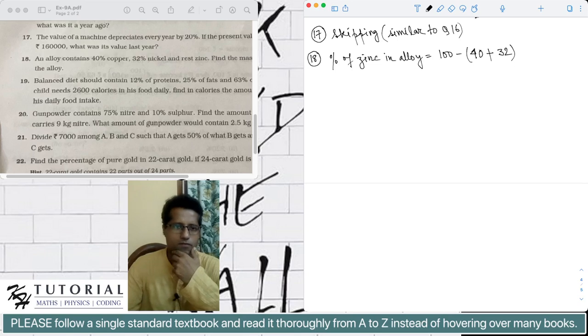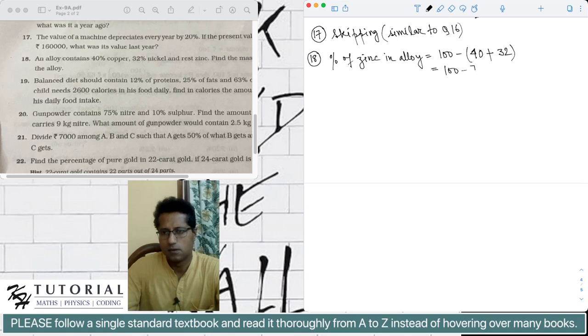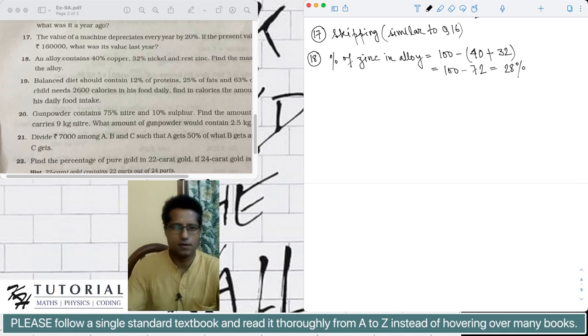So the percentage of zinc is 100 minus, 100% is assumed to be the entire alloy. So the percentage of zinc will be 100 minus 40 plus 32. This is equal to 100 minus 72, which is equal to 28%. So zinc is 28% in the alloy.